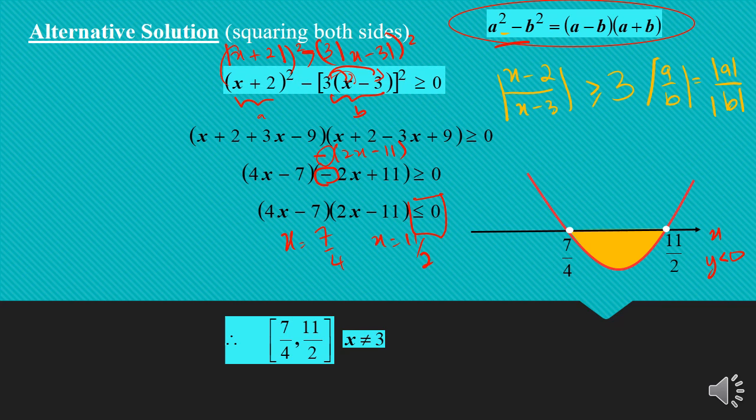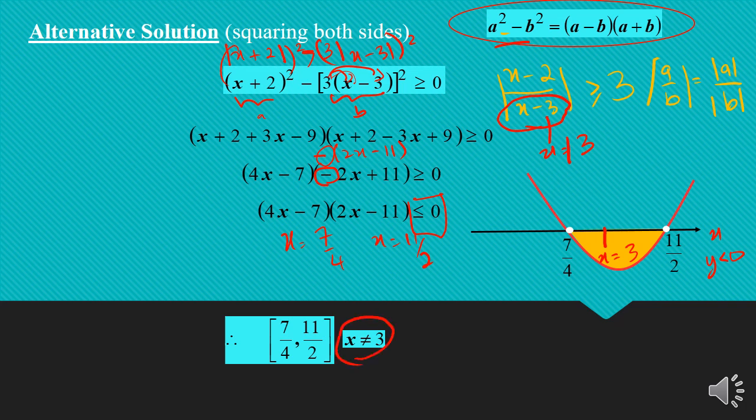But remember, because x minus 3 is in the denominator, x equal to 3 cannot be included in the results. We know that x equal to 3 is in between 7 over 4 and 11 over 2. That's why the answer is from 7 over 4 to 11 over 2 inclusively, but x must not equal 3.